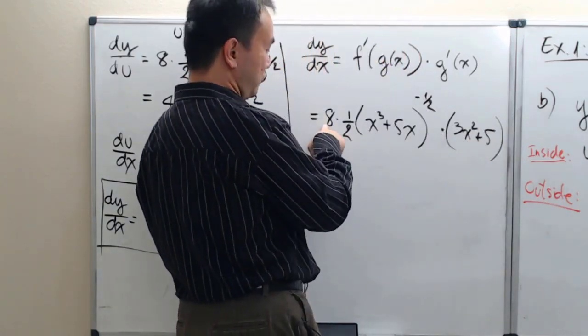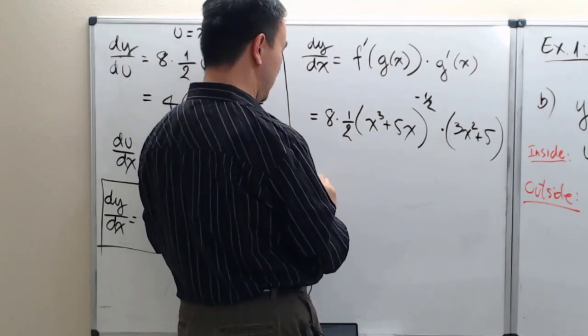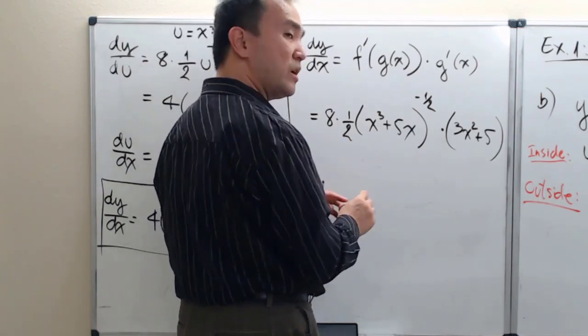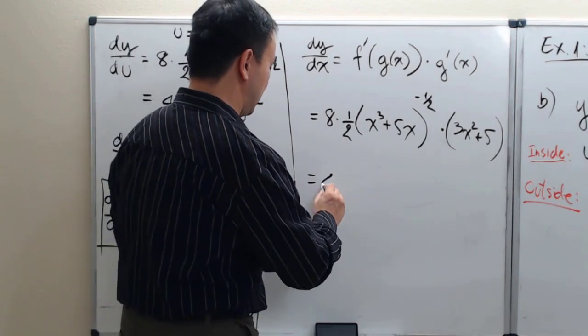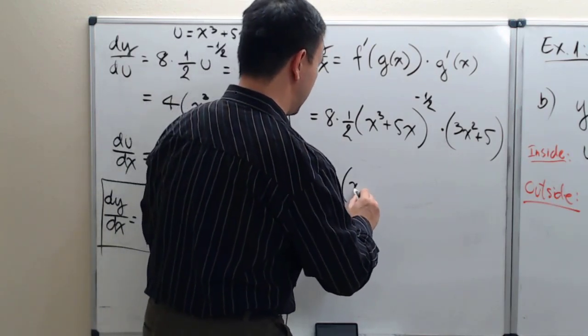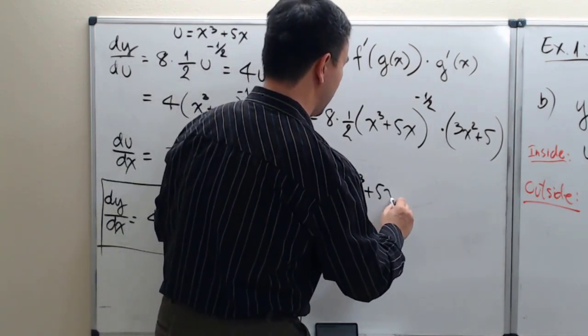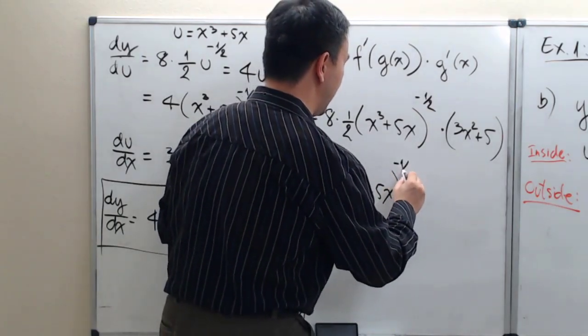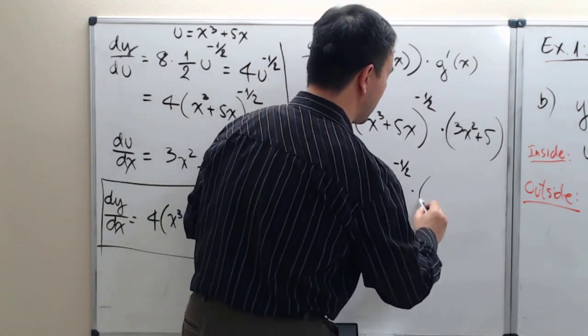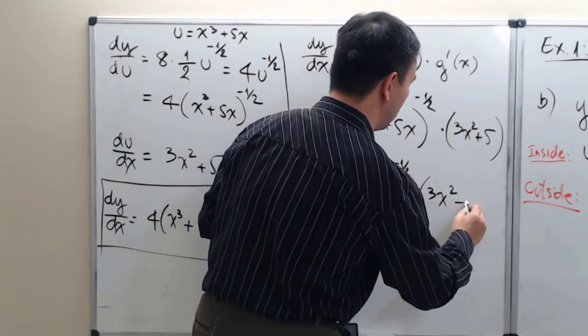And notice we can again cancel 8 with 1/2, so our very final expression here without simplification is 4 times x cubed plus 5x raised to the negative 1/2 power, times in product 3x squared plus 5.